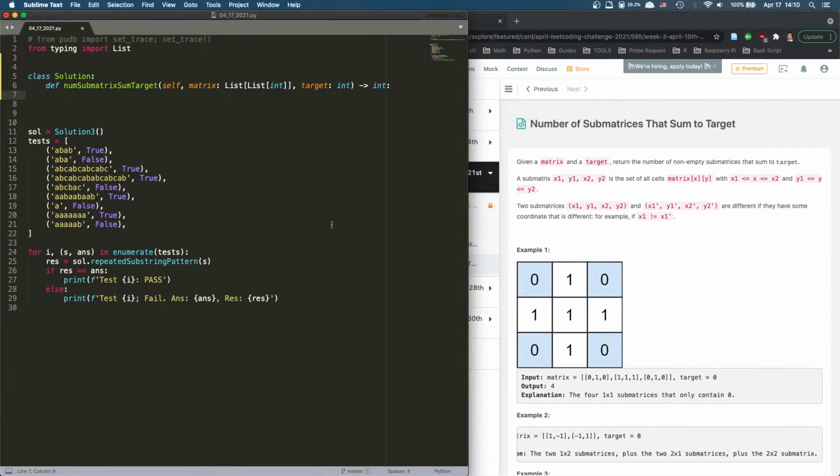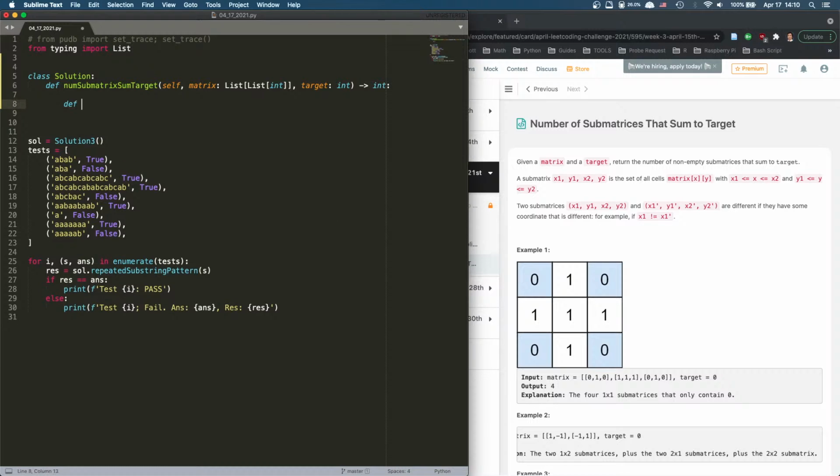Give it a shot. So basically we have a matrix, so we're gonna have a helper, right? So helper will be, what do we pass in? We pass in the start and end, right? We're gonna pass in left and right, which is the left column index and the right column index.